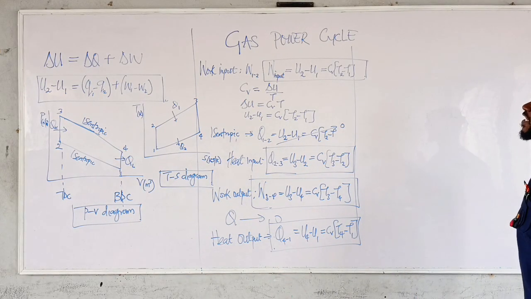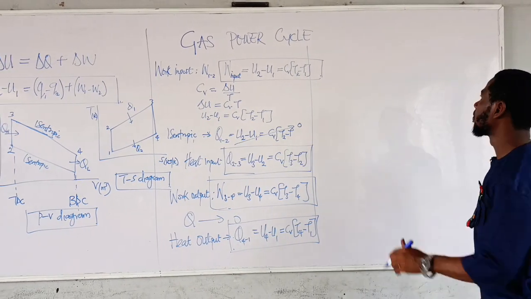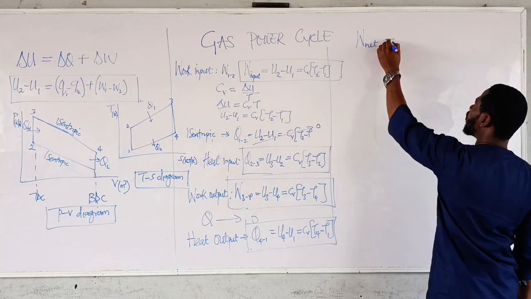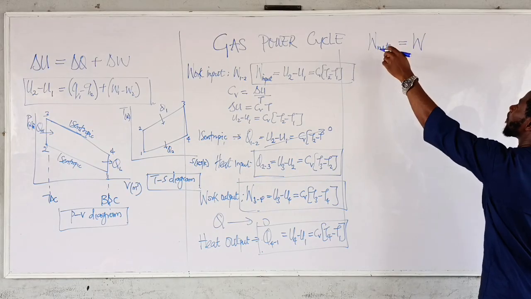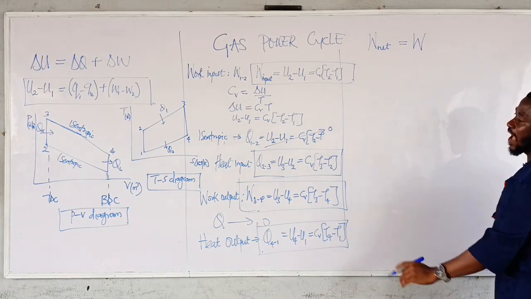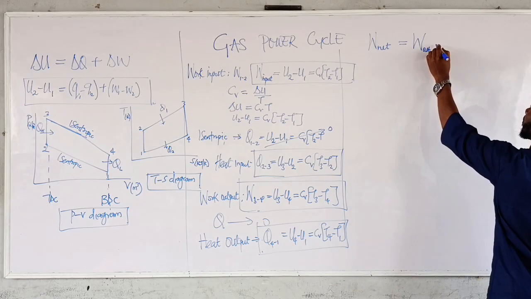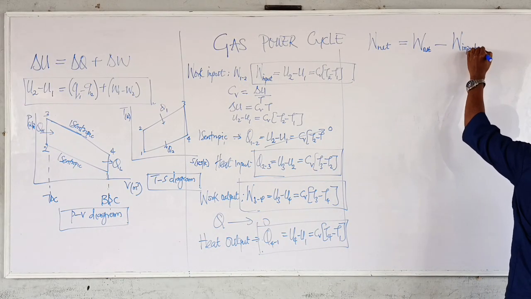Now, the net work output. We can easily determine the net work output. The net work output equals work output minus work inputs.